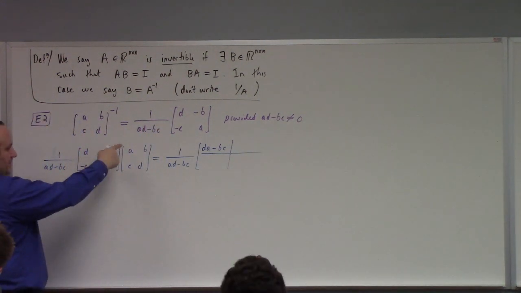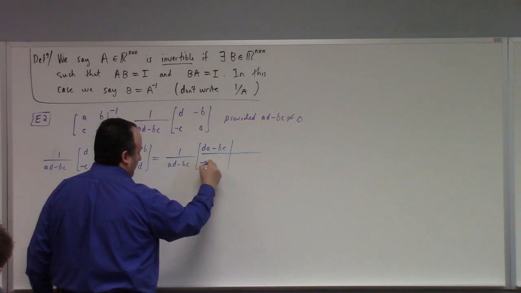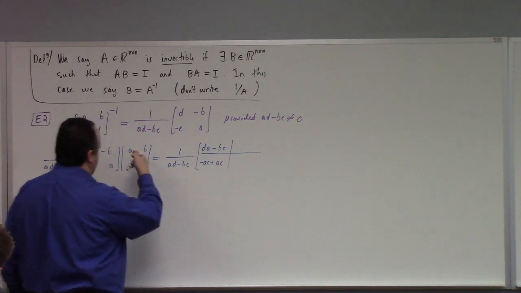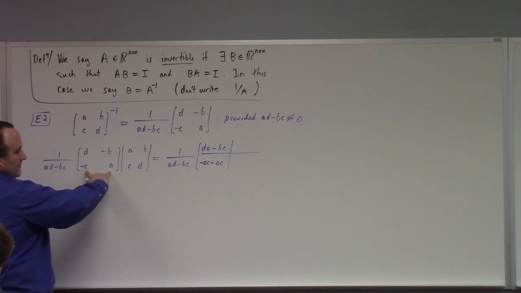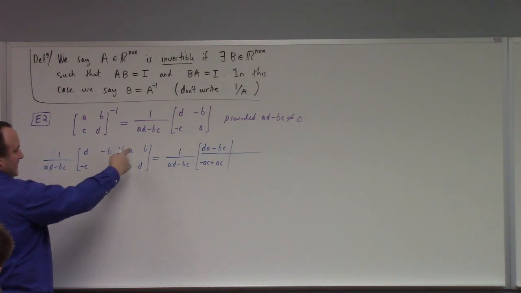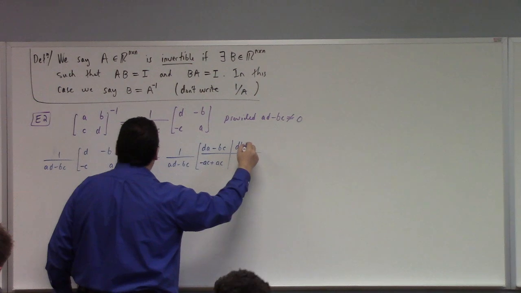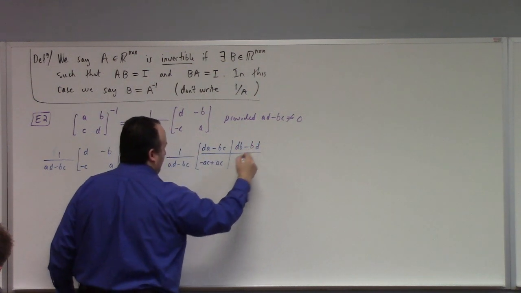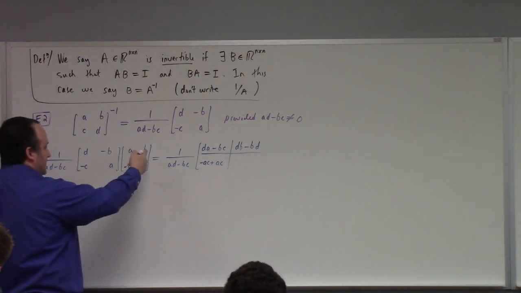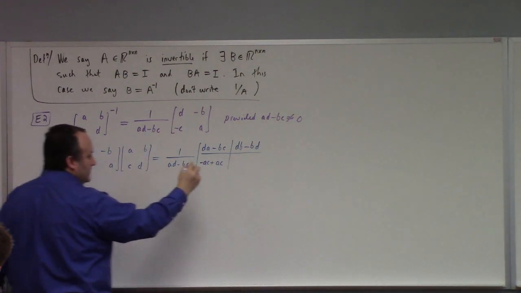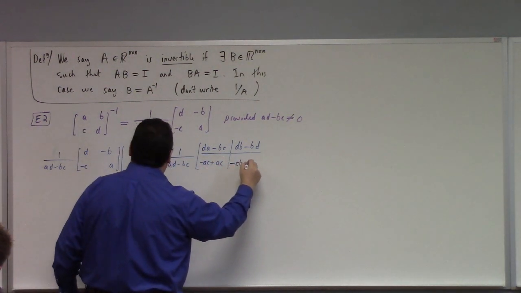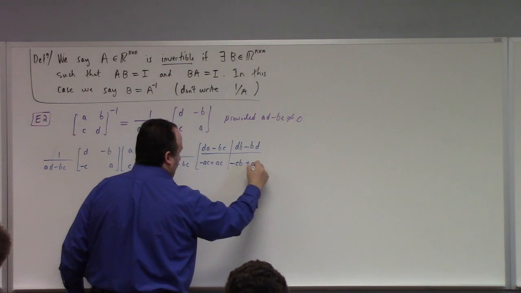Next I get minus AC plus AC from this and that. In the 1, 2 spot I get DB minus BD. And finally in the 2, 2 spot I get minus CB plus AD.